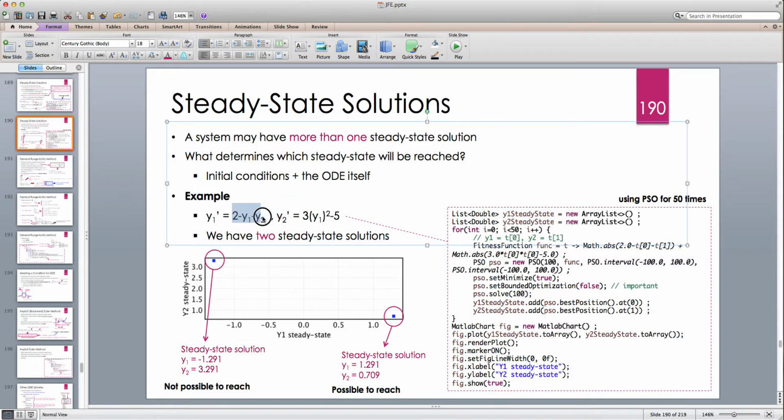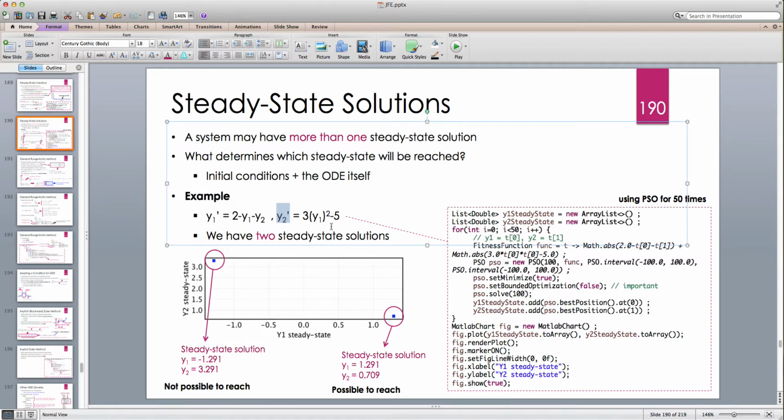So here's a system which is similar to the previous one, but instead of having 3y1 minus 5, I have 3y1 squared minus 5. Now we have two steady state solutions, because now if I set y2 prime to 0, I end up with y1 equals plus minus square root of 5 over 3, all right, which is plus minus 1.291.